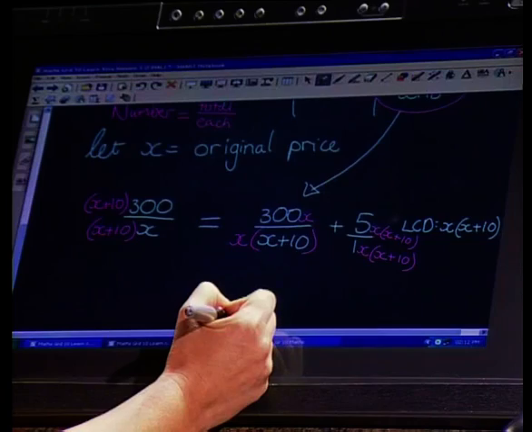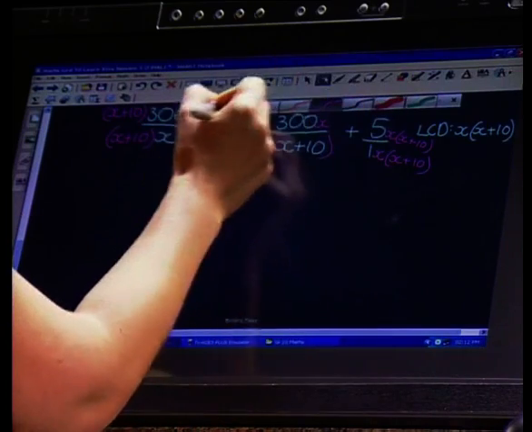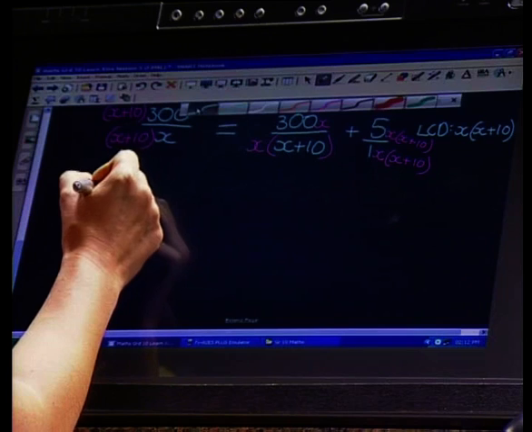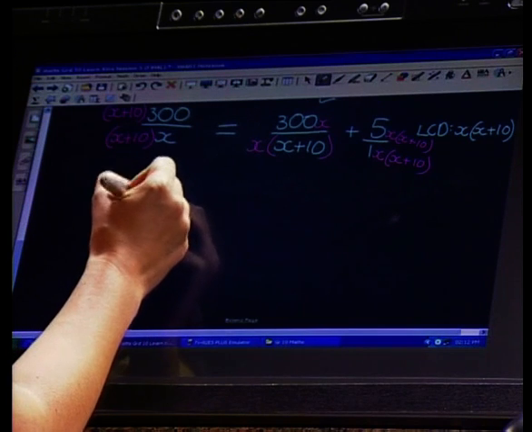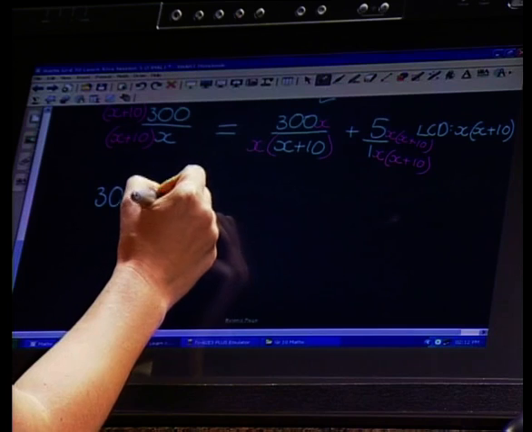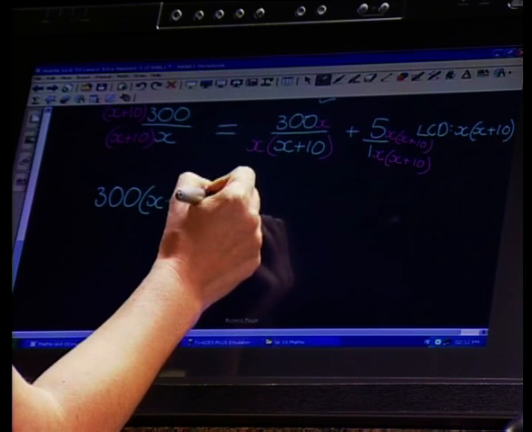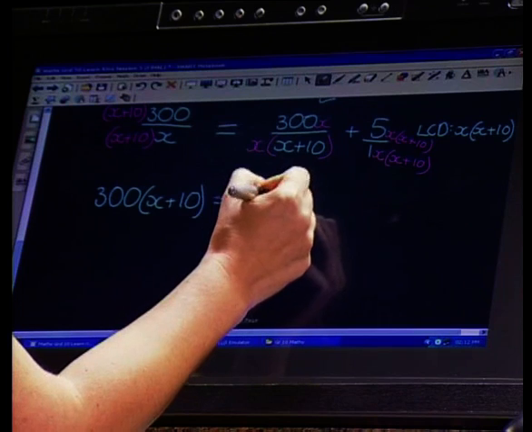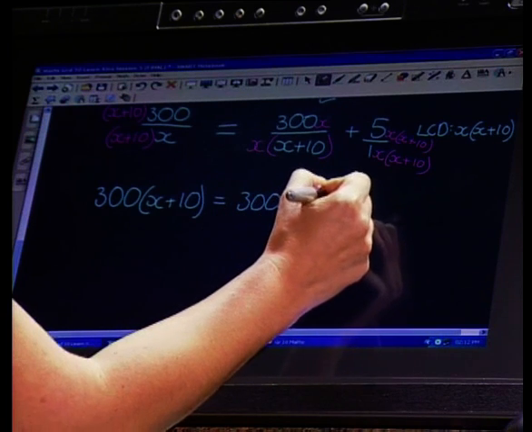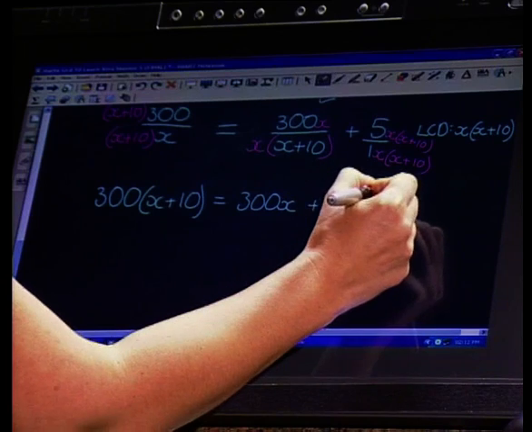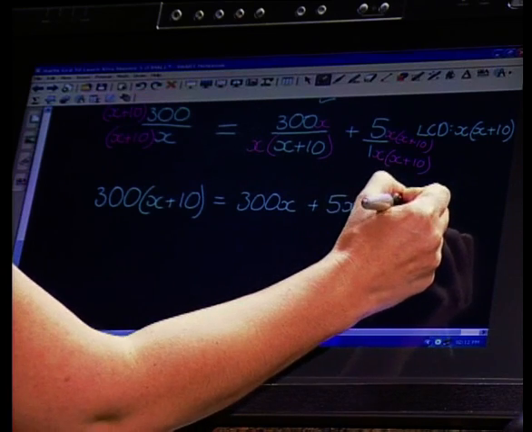Now in one quick step I'm going to get rid of all of the denominators and write out my new equation. 300 times (x plus 10) is equal to 300x plus 5x times (x plus 10).